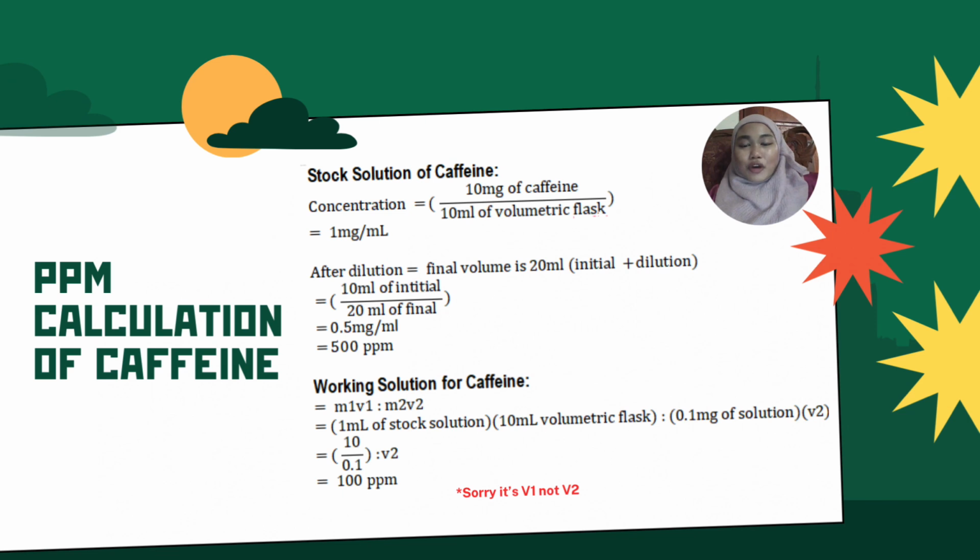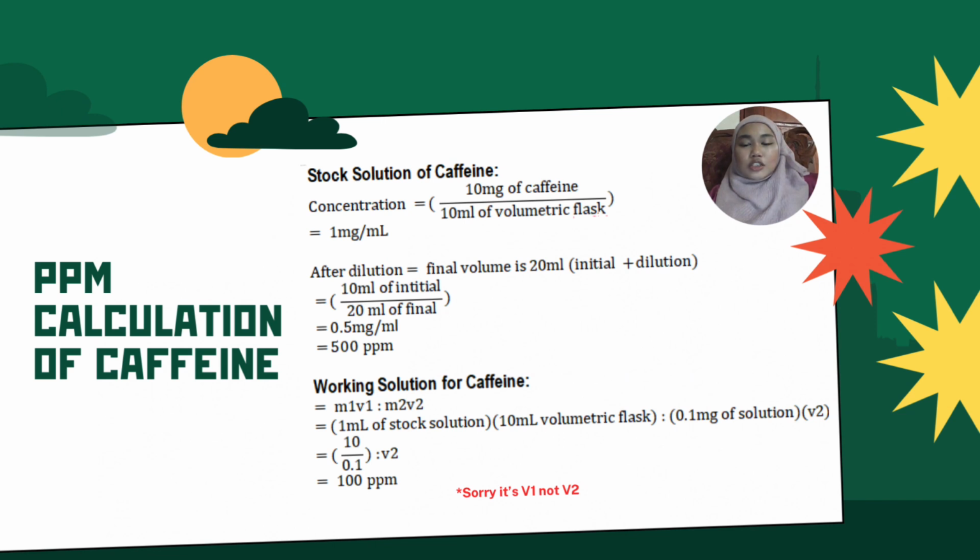So let's move on with the ppm calculation of the caffeine. For the stock solution of the caffeine, first we must find the concentration. 10 milligrams of caffeine divided by 10 ml of the volumetric flask gives 1 milligram per ml.